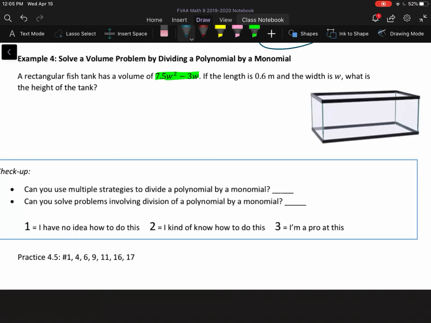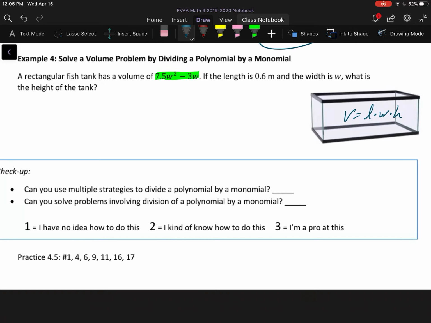Now I'm going to ask you guys actually to pause in a second here and try this question on your own. But I'm just going to give you the equation just to remember. Remember, for volume of a tank, it's equal to length times width times height. Okay?